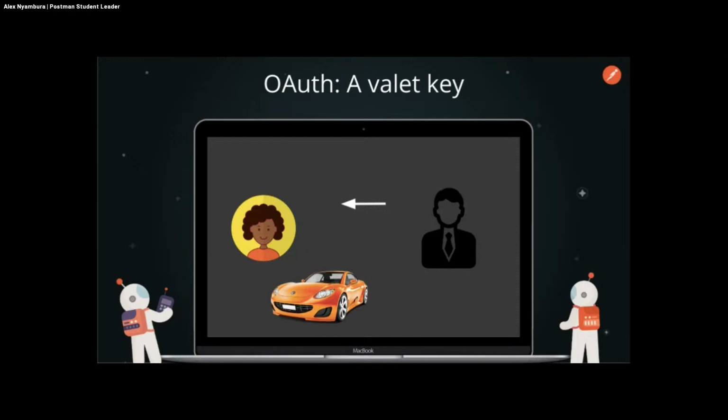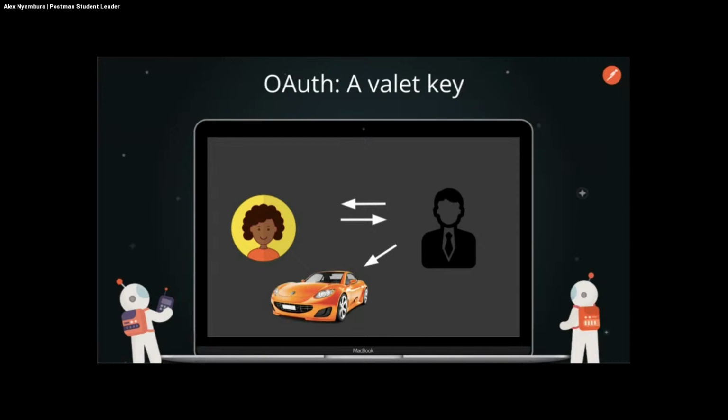That key is the valet key, and it's limited. There are some things it can't do. Let's say it can't open the boot. It will only drive, and maybe for a limited amount. You just go park, and that's it. So it has limited permissions. I hope up to there we are still okay.